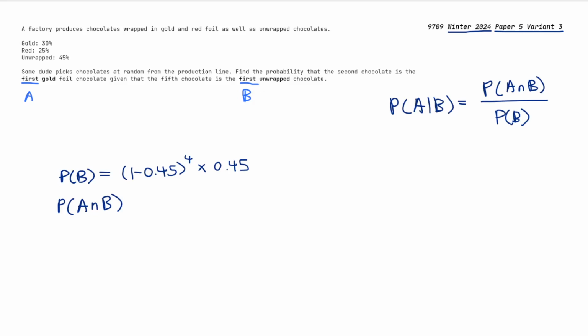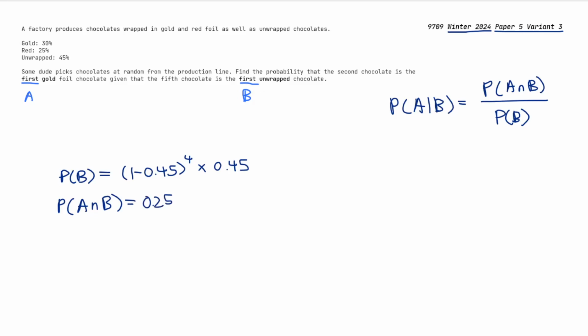Now, we have to be careful here, because when they say A intersection B, it means that we have to satisfy both events. So A has to be true and B has to be true as well. We can't just have either or. So the first 4 chocolates have to be wrapped, and the first chocolate has to be not gold.